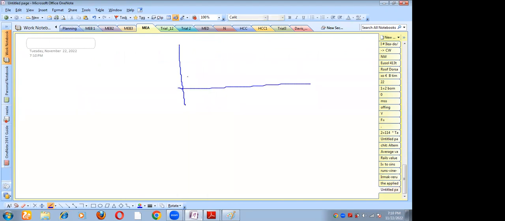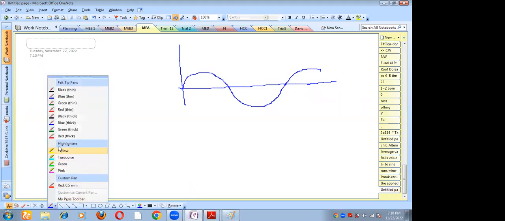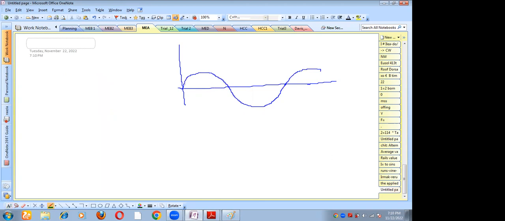If you draw the voltage and current diagram, the current and voltage variation will be in the same fashion.